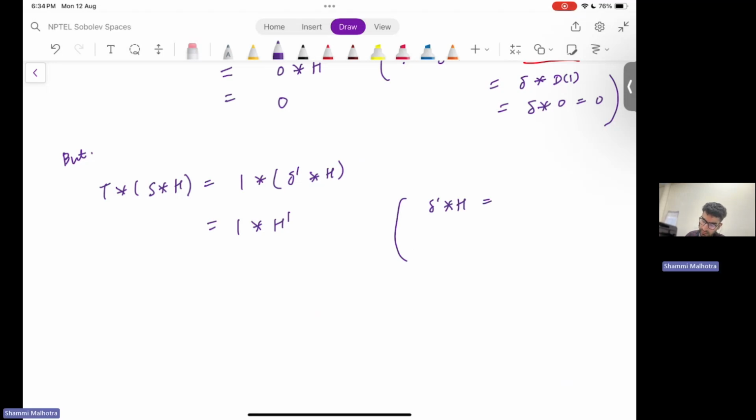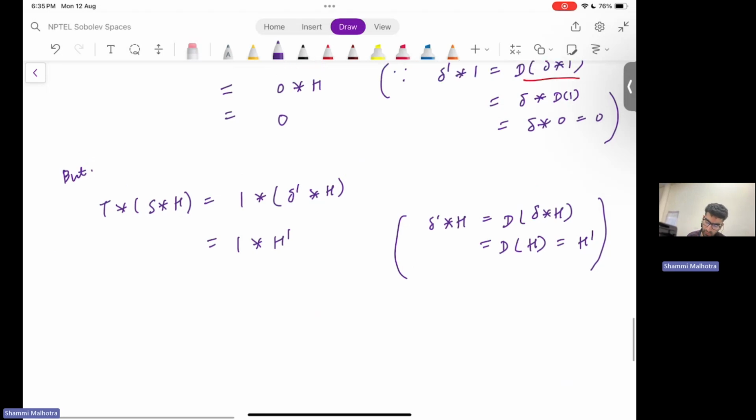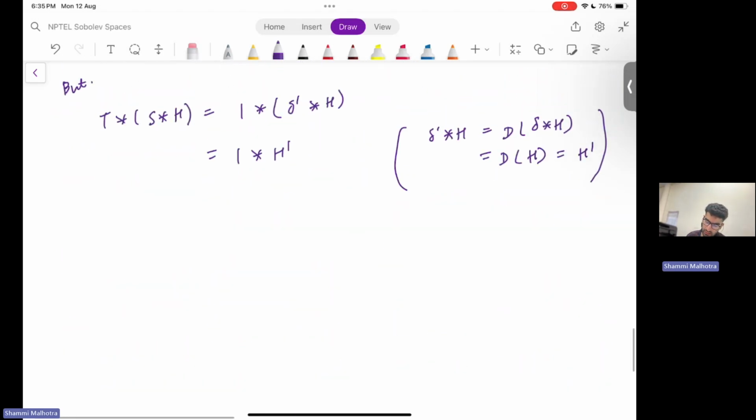Delta dash star H is nothing but d of delta star H. But what is delta star H? This is nothing but H only, and this is nothing but H dash. So any convolution with the Dirac delta gives us the same function which we are convolving with. That's another fact we are using here. And we are again using the fact that H dash is nothing but the Dirac delta, and 1 star delta is nothing but 1 only.